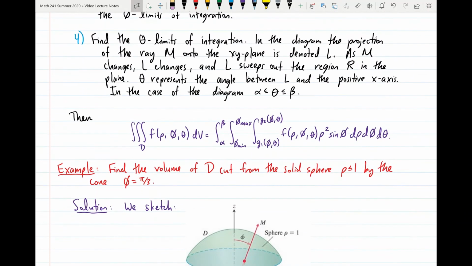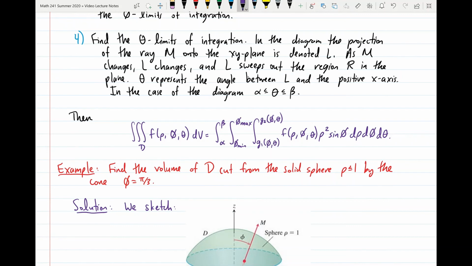So after we've done that work, after we found the limits of integration, then we can say that the triple integral of f of rho, phi, theta over the region D is equal to the following iterated integral. So we have the integral from alpha to beta, of the integral from phi min to phi max, of the integral from g sub 1 of phi, theta to g sub 2 of phi, theta.